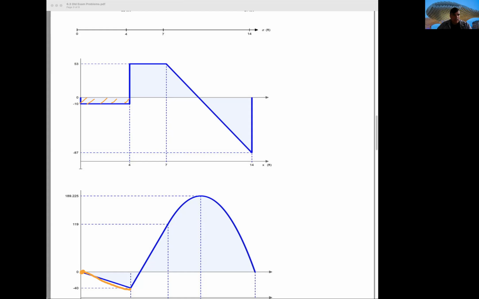Next, again, it will be a straight line and will be this area. This area is 53 multiplied by the distance, that is 3, that is 159, I believe. I will change the color, this will be red. Well, I go up 159, and that is exactly what I am doing here.